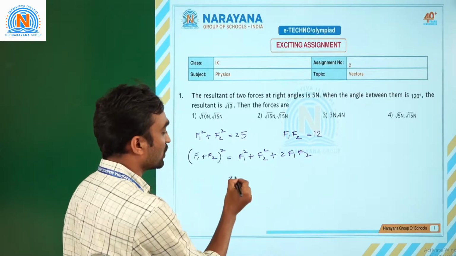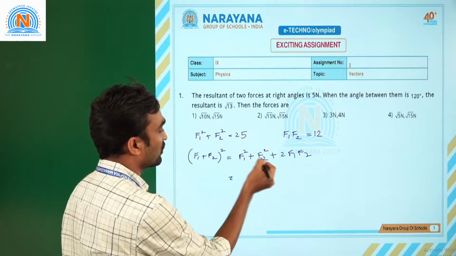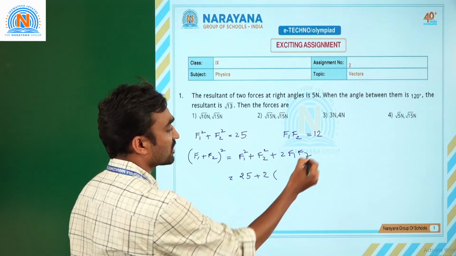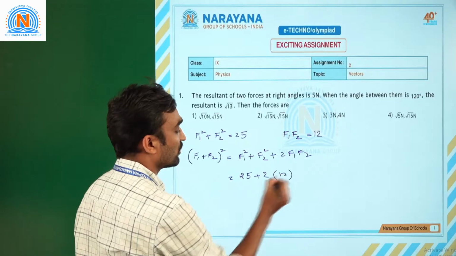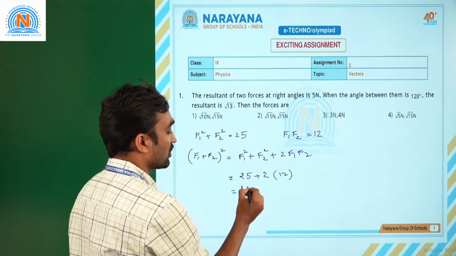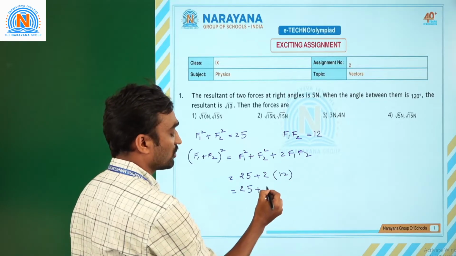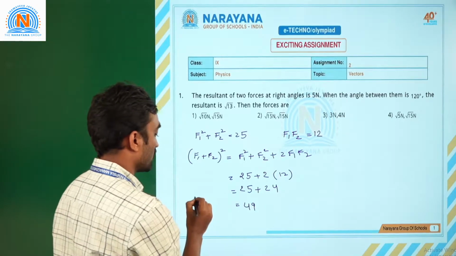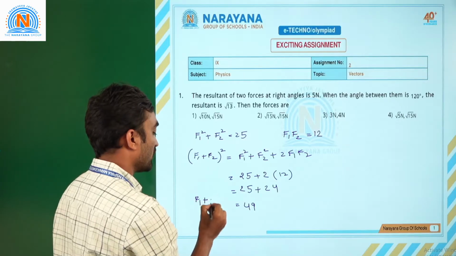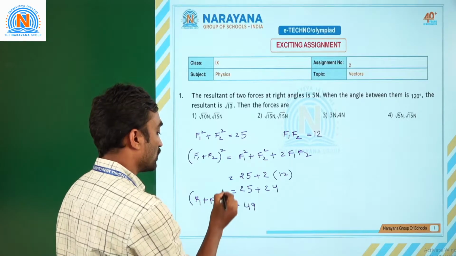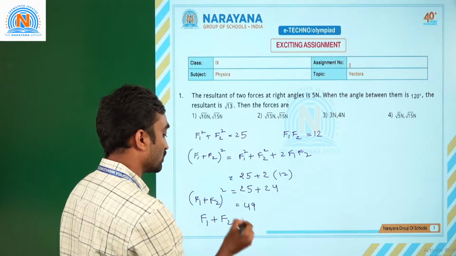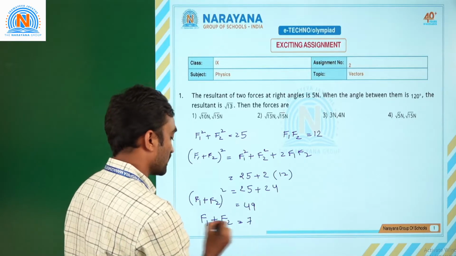If you substitute these values, what is the value of F1 square plus F2 square? That is 25 plus 2 into what is the value of F1 F2? That is 12. So, if you simplify this, 25 plus 2 into 12, that is 24, we will get this as 49. This is the value of F1 plus F2 whole square. So upon simplifying this, we will get F1 plus F2 equal to square root of 49, which is 7.